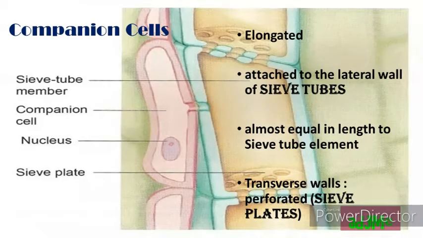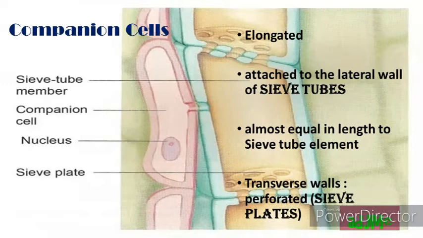The next is companion cells. As you could look into the photo, all are placed adjacent to each other. You have a sieve, then next adjacent to that you have the companion cells, and adjacent to that you have the other two, that is parenchyma and fibers. Companion cells are also elongated cells. They are attached to the lateral walls of sieve tubes, that is, found next to the sieve tubes. I hope you know what is meant by lateral side.